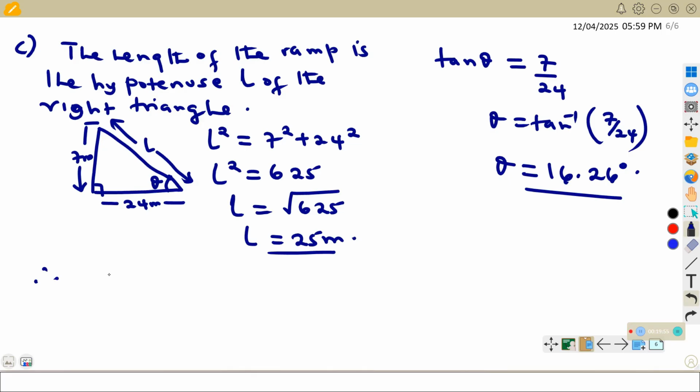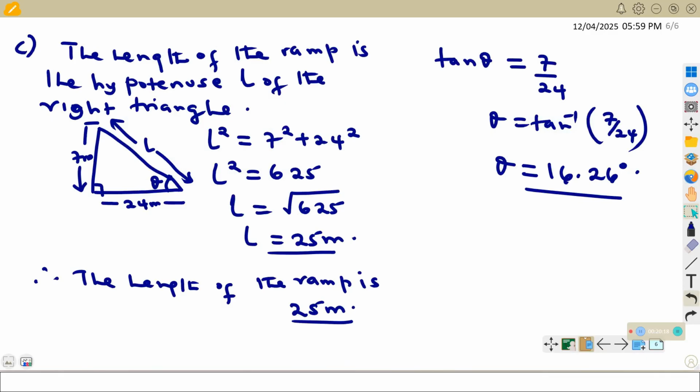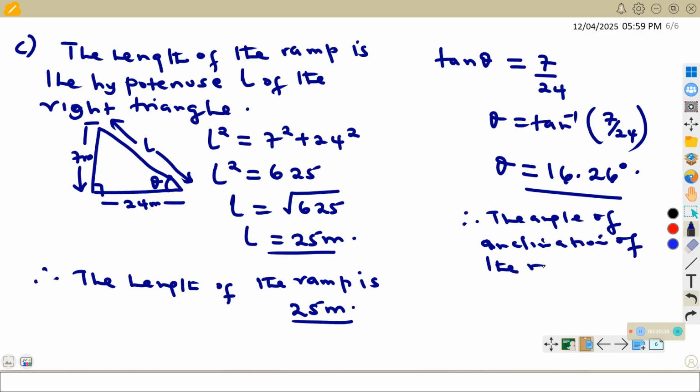So you must make sure you conclude. So here, therefore, the length of the ramp is 25 meters, and lastly, the angle of inclination of the ramp is 16.26 degrees.